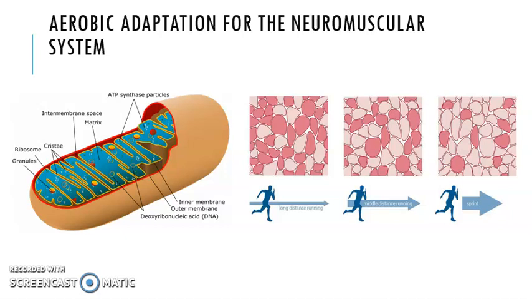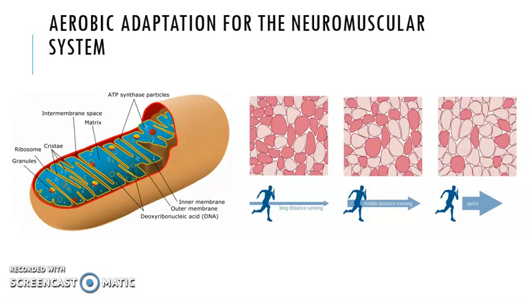For example, mitochondrial enzymes, such as cytochrome oxidase, increase after HIIT training compared to moderate intensity training where not as much or none is produced. So it may be more useful for the athlete to perform HIIT training.